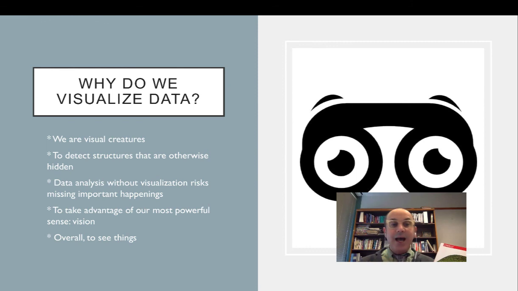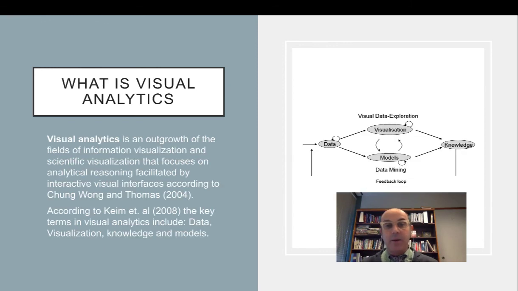Otherwise, data without visualization risks missing important information. Visualization helps us take a powerful sense, vision, as another way to see the data, to understand the data, and to see the overall picture. So it's another pair of eyes for us to see what it entails.